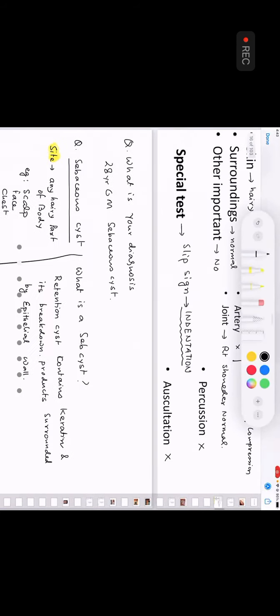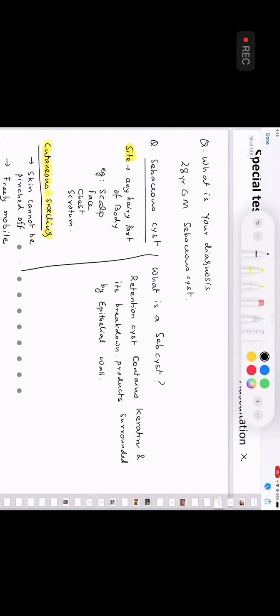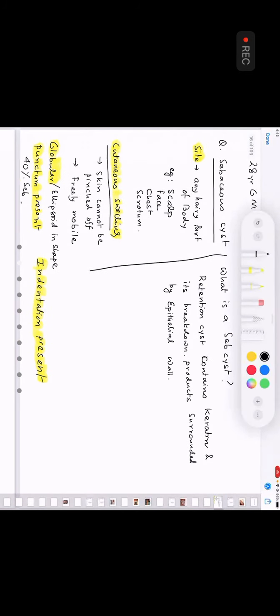That does not mean that other swellings that look like this are not sebaceous cysts. There are other findings also. So please remember: site, cutaneous swelling, globular, punctum is present and indentation is present.